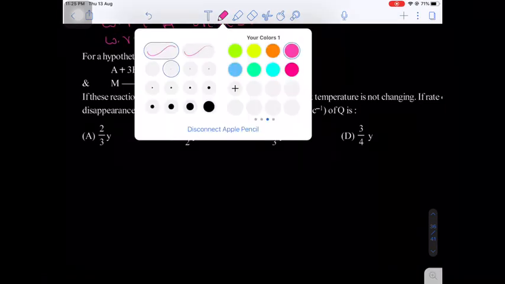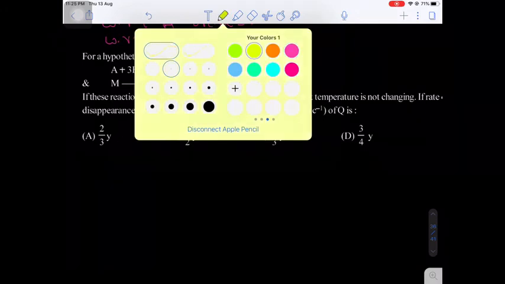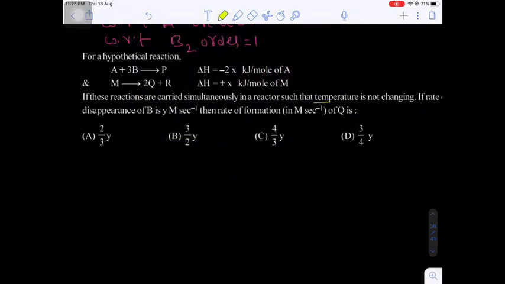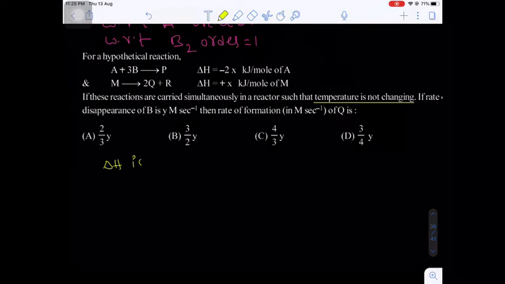Okay, first of all, these two reactions are simultaneously carried out in the same container, so the temperature is not changing. Do you know delta H is a function of temperature?